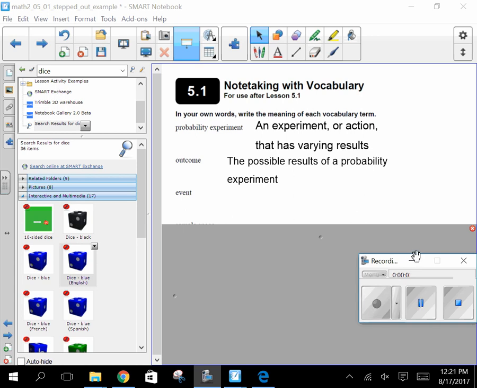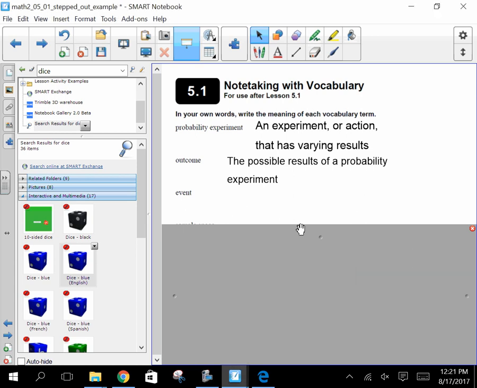All right, so an event is the collection of one or more outcomes.